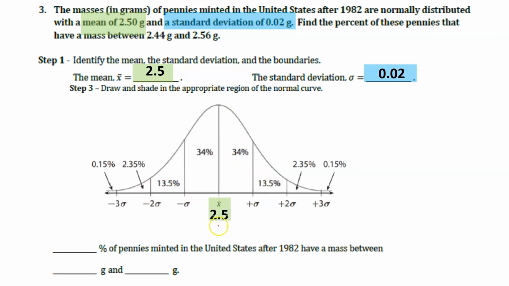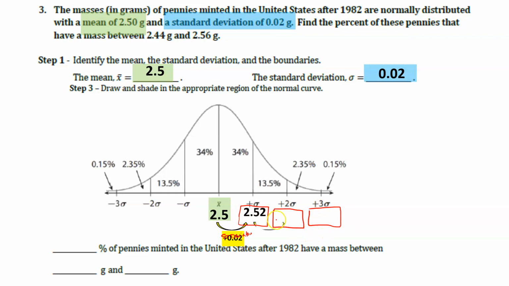That would be about 2.5, and we're going to continually add by our standard deviation, which is 0.02. Go ahead and take a moment and continually add 0.02 to fill in these spaces.